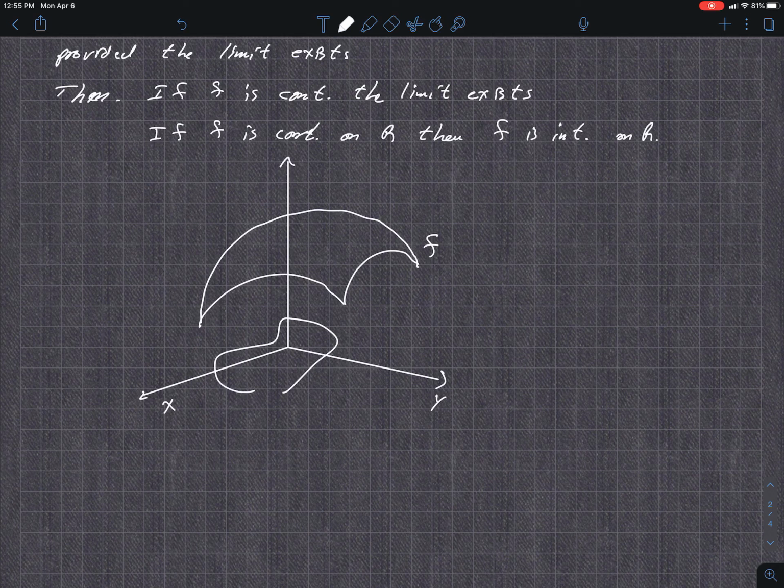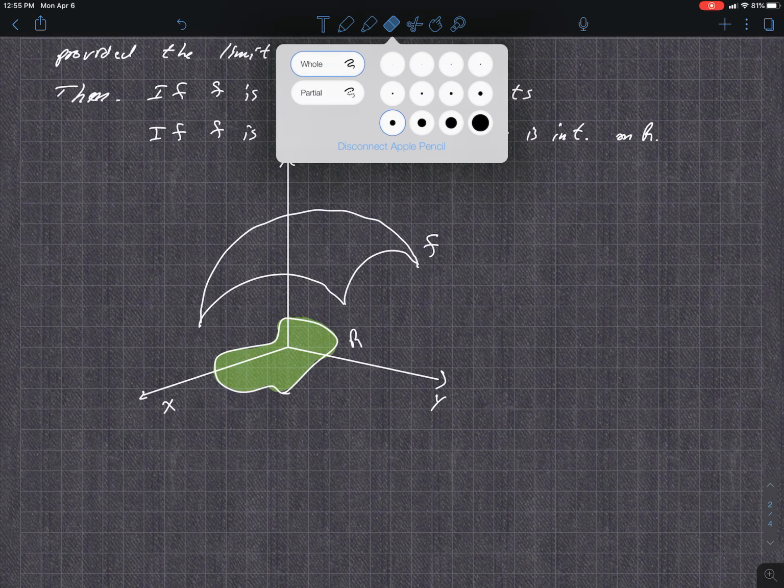So we'll call that f. And then we have our region down here in the xy plane. So that's my R. Then when you integrate over this region, you're going to partition that up, take a limit. So it becomes continuous, infinite.